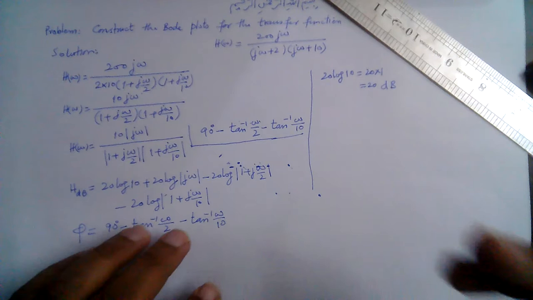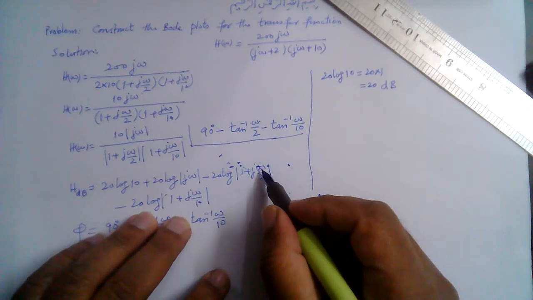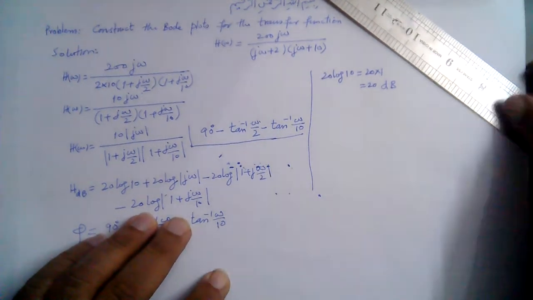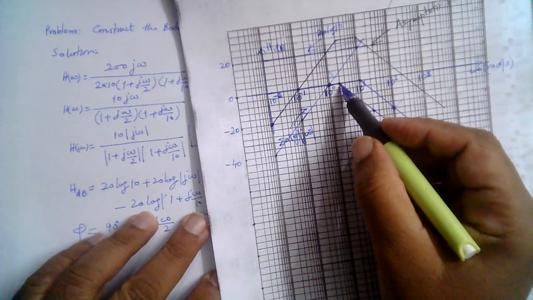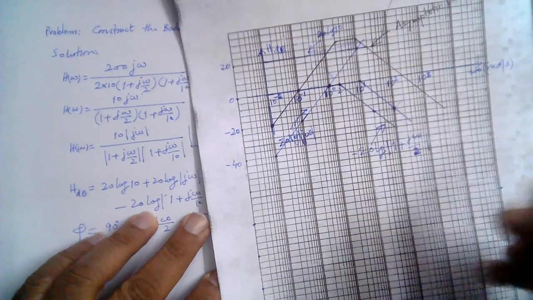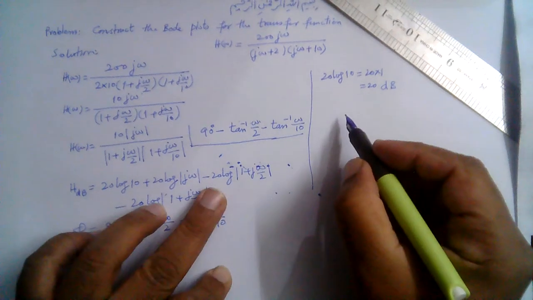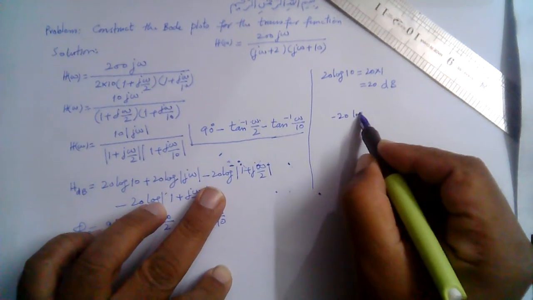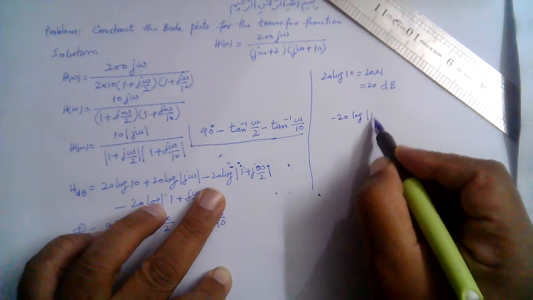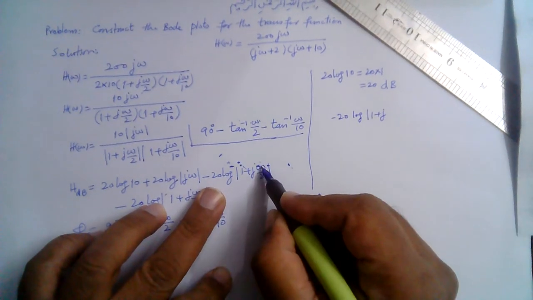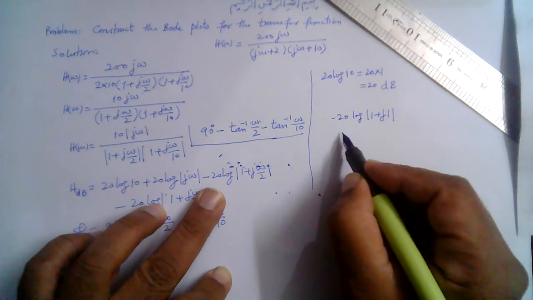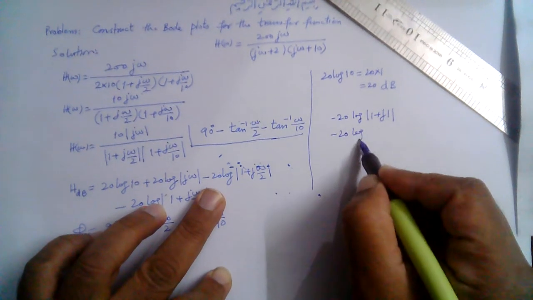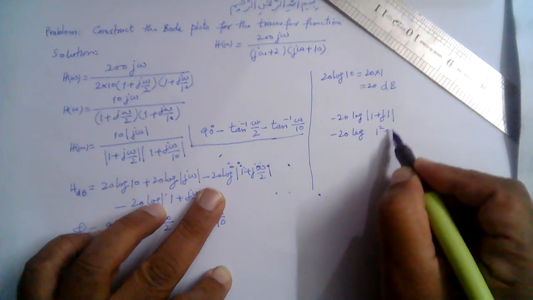For example, at omega is equal to 2, the corner frequency, what will be the actual value? We have shown a 0 dB here at omega is equal to 2. But when omega is equal to 2, this becomes minus 20 log of 1 plus j omega over 2, and this is 1, so 1 plus j1. So minus 20 log of the magnitude, the square root of 1 square plus 1 square.